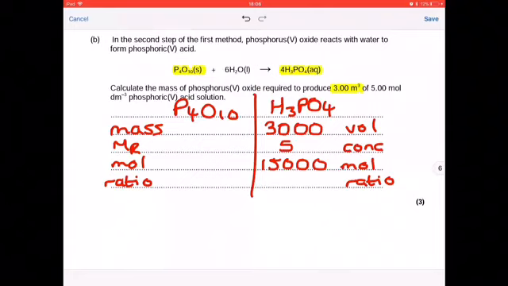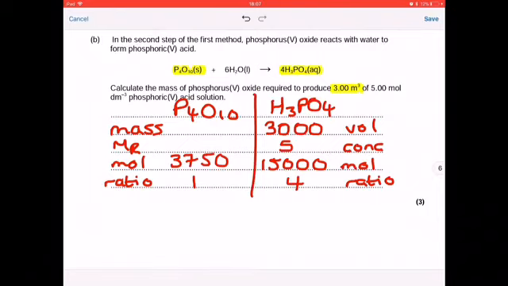Information in the question tells us that it is a 4:1 ratio, and therefore you have to divide by 4 in order to get the moles of phosphorus 5 oxide. So your moles here should be 3,750. The MR of phosphorus 5 oxide, obviously phosphorus, remember, is 31, so 31 times 4 plus 160, which is 10 times 16.